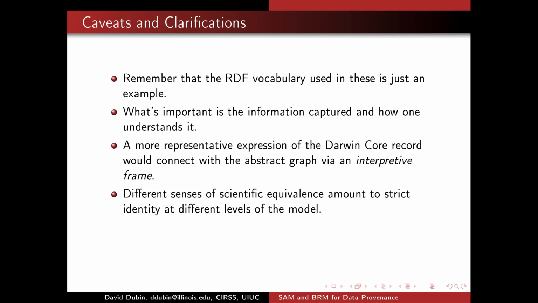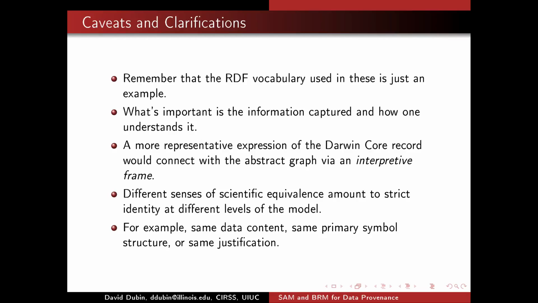Now, different senses of scientific equivalence amount to strict identity at different levels of the model that I've just described. So you could have two different data sets that have exactly the same content but different serialization, or they could have the same serialization but a different lower level encoding.